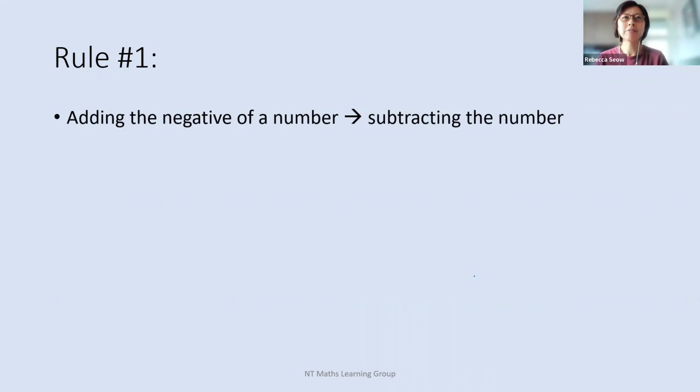Adding the negative of a number means we subtract the number.